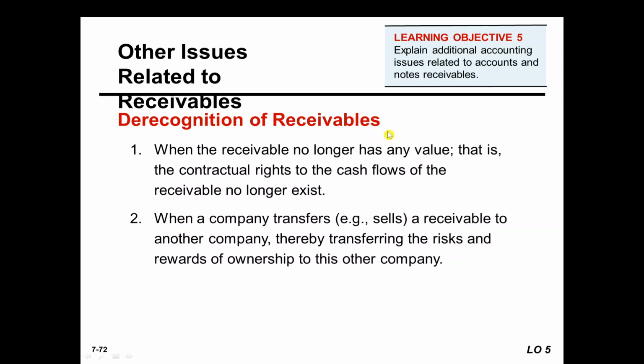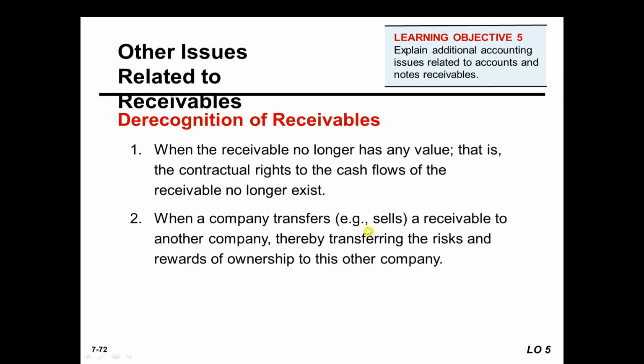At the end of 2019, for example, the company reported its bankruptcy, and the judge of the court said that the company has already gone bankrupt. So the receivable has no value at all, because the company no longer exists. So we need to derecognize the receivable.